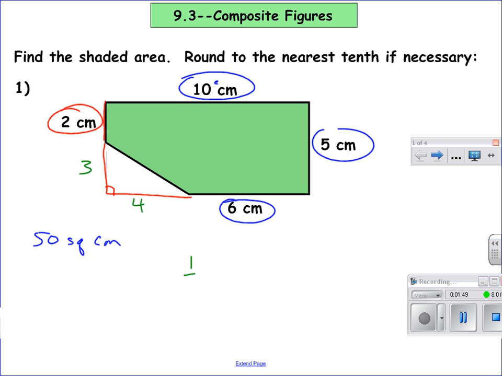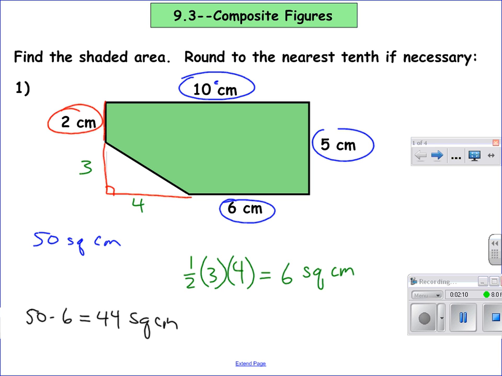So 1/2 times 3 times 4, that's 12 is 6 square centimeters. So just to finish this off, I got my 50 minus my 6 equals 44 square centimeters for the total of the figure. All right, and that's all you do. You're looking for figures inside a figure, and you add, subtract as necessary.